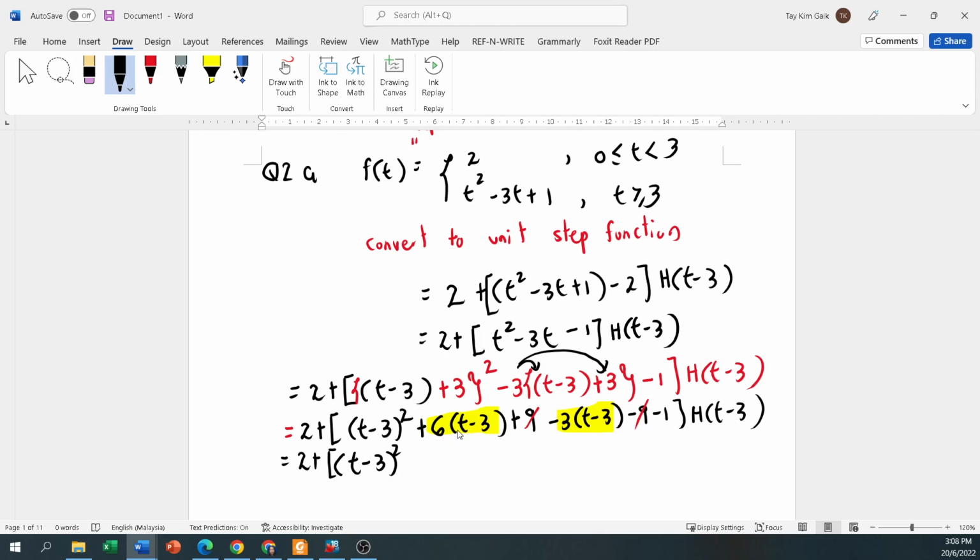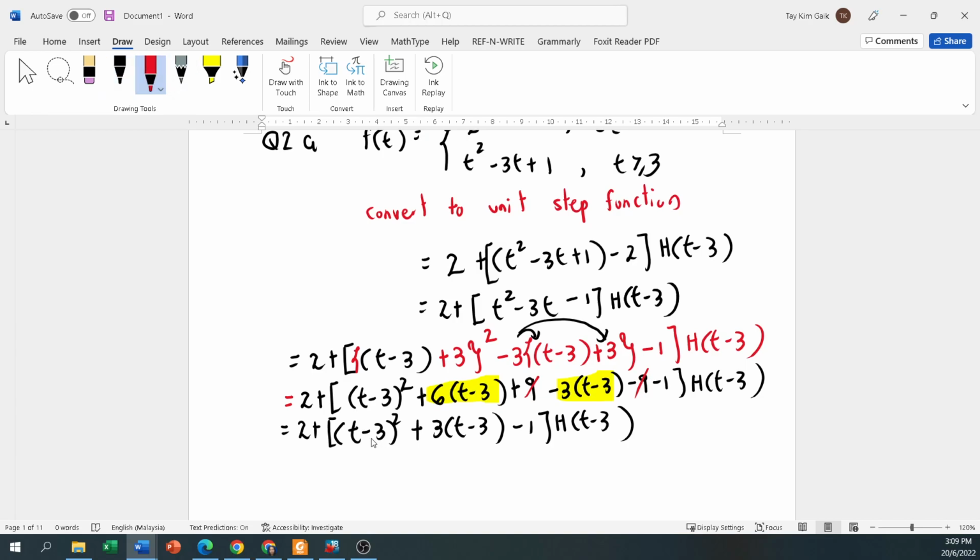So 6 times (t minus 3) minus 3 times (t minus 3), so you have positive 3 times (t minus 3). So 9 minus 9, so we left minus 1, h(t minus 3). Okay, so now everything is in terms of t minus 3.